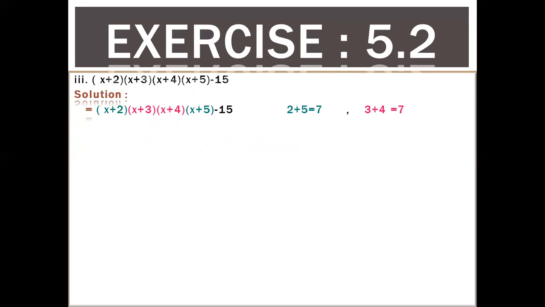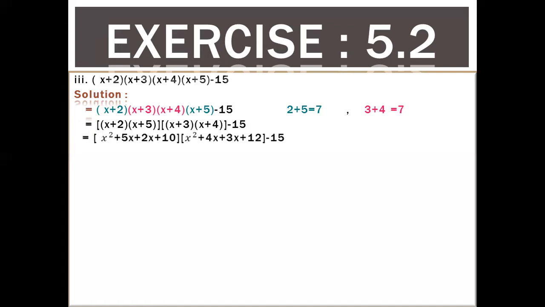For this purpose, we add the constant terms of the two linear factors we combine, and we see that the answer is the same: 2 + 5 is 7 and 3 + 4 is 7. It means that we combine x + 2 with x + 5 and x + 3 with x + 4.